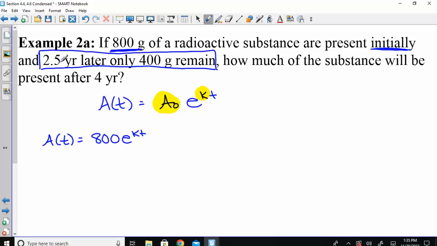When my time is 2.5, we had 400 grams. So the amount at that point was 400. My time is 2.5, and we're going to find k.